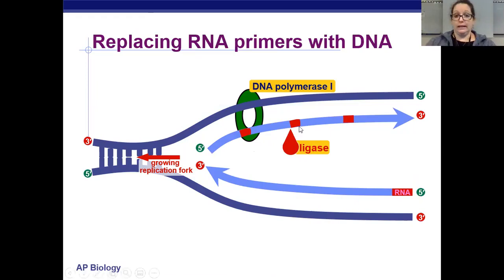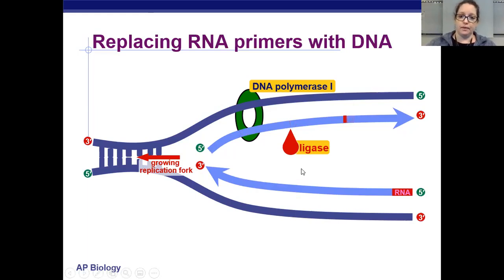Ligase has nothing to do with the RNAs, but our genome is not DNA with little bits of RNA in it, it's all DNA. And that is the job of DNA polymerase 1, to come back and delete these RNAs and fill them in with DNA. Once again, why such a convoluted system?